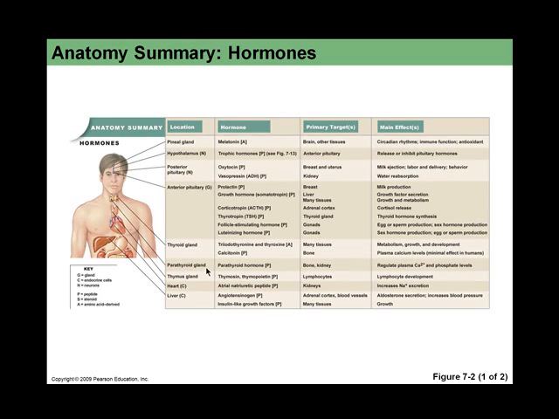Then the parathyroid gland will be responsible for parathyroid hormone, targeting bone and kidney to regulate plasma calcium and phosphate levels predominantly. Thymosin and thymopoietin, both peptide hormones from the thymus gland, will target the lymphocytes and contribute to lymphocyte development.